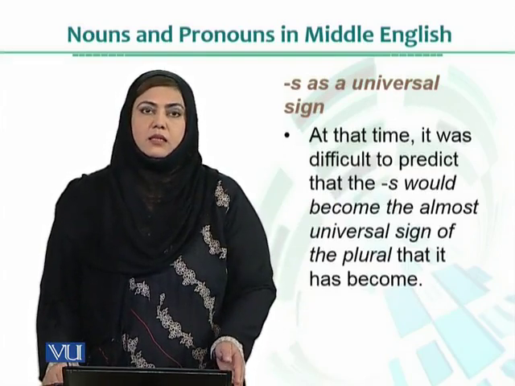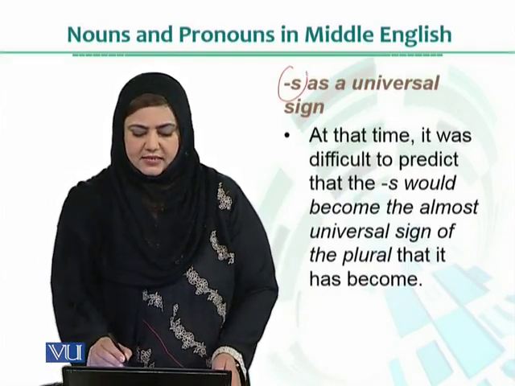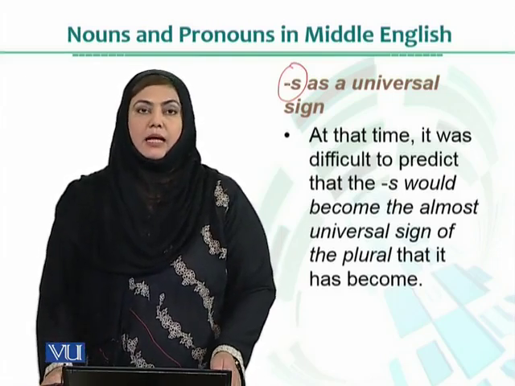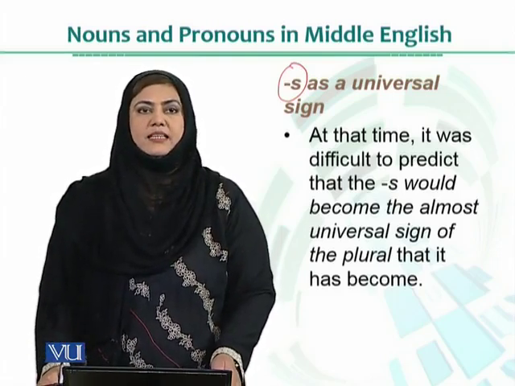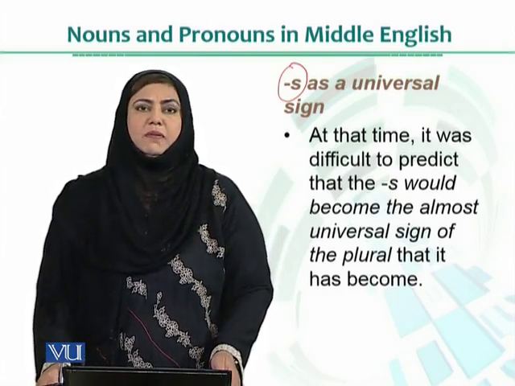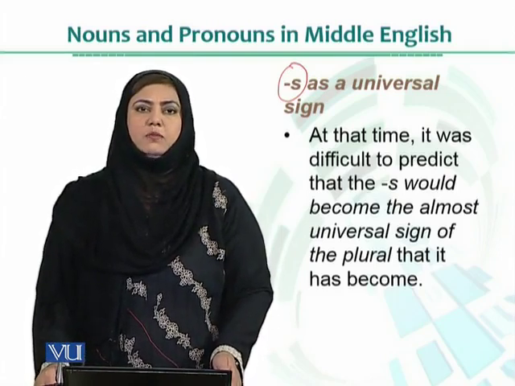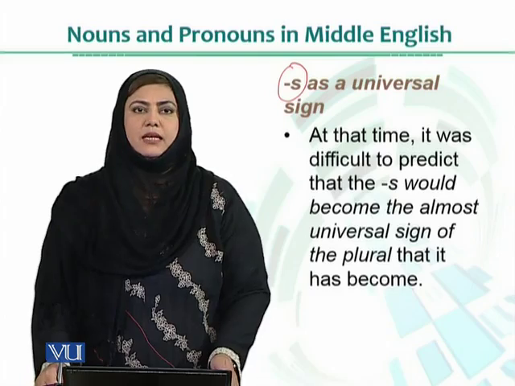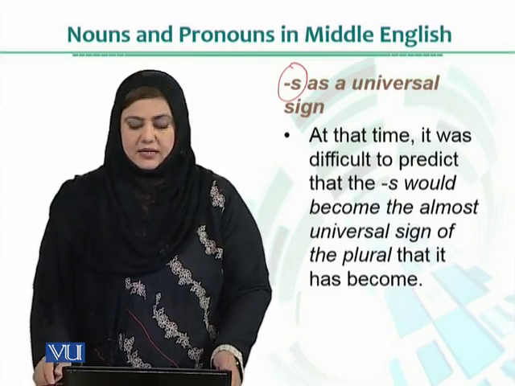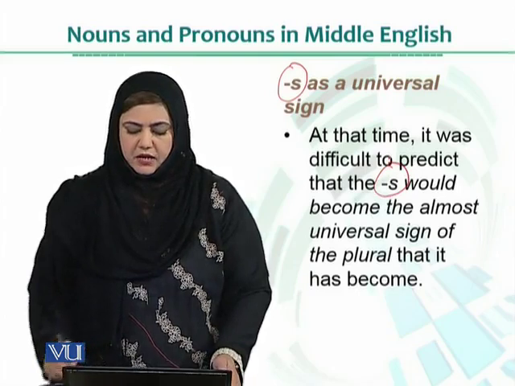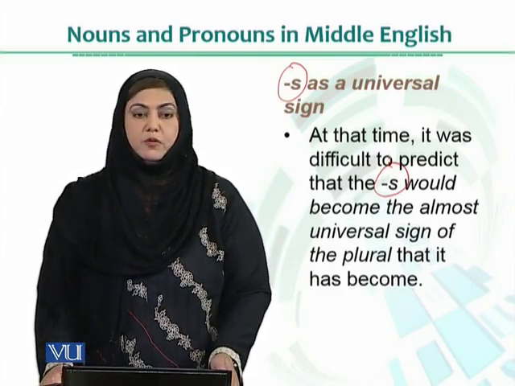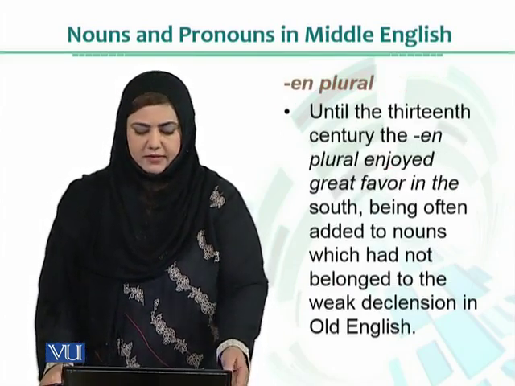Well, the use of this S marker for plural and its emergence as a universal sign is something very significant. Probably at that time, it could not be predicted that somewhere down the lane this particular sign would become the almost universal sign of plural as it has become today.